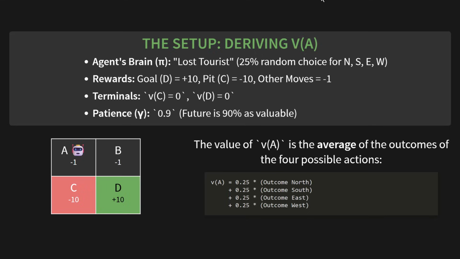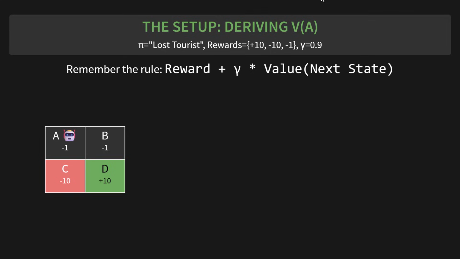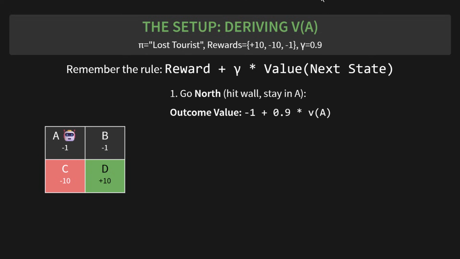So let's calculate the value of each of those 4 possible outcomes. Remember the rule. It's the immediate reward plus the discounted value of whatever state you land in next. First up, what happens if we go north from A?